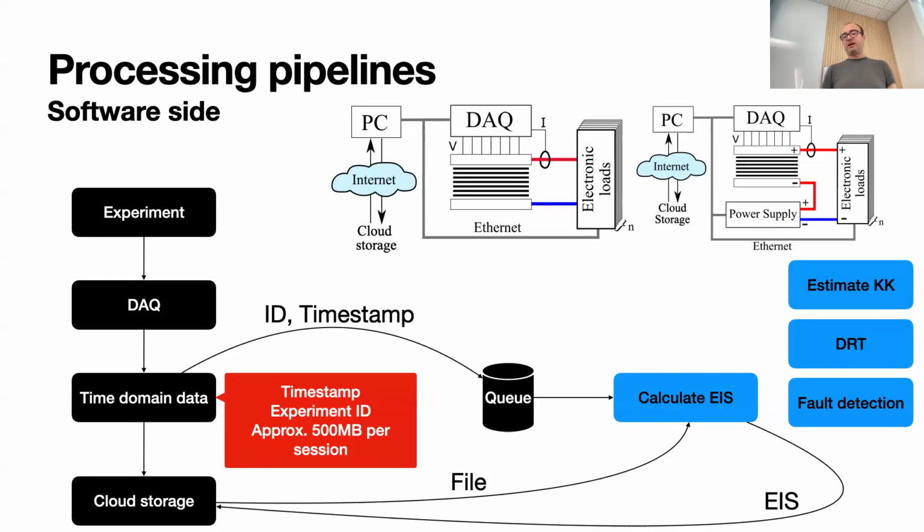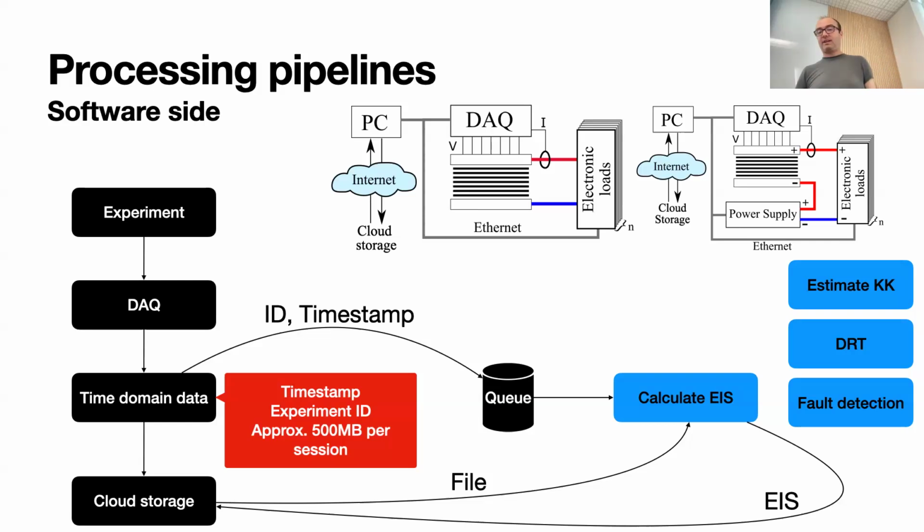In some cases where we have bigger stacks, this can go up to 500 megabytes, so half a gigabyte per measurement session. And if the experiment runs for a couple of years, maybe these can pile up to several terabytes, as I already told. It's not a problem in the cloud storage, but over and over, it just adds up.